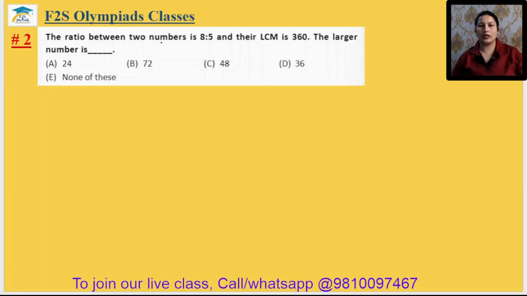Question number 2. The ratio between two numbers is 8:5 and their LCM is 360. The larger number will be? So the ratio is 8:5.